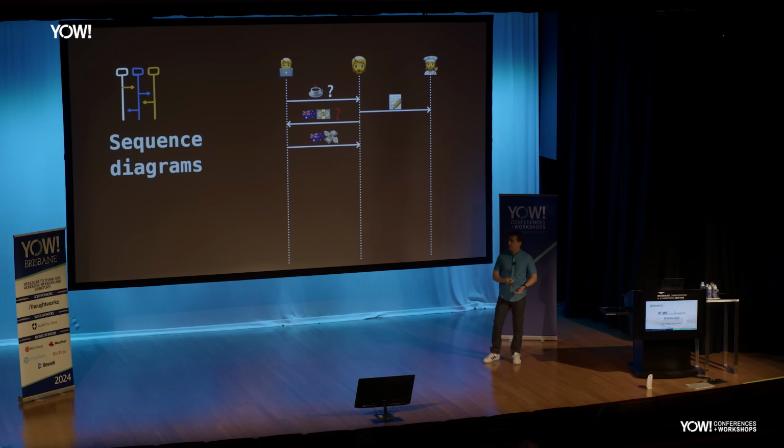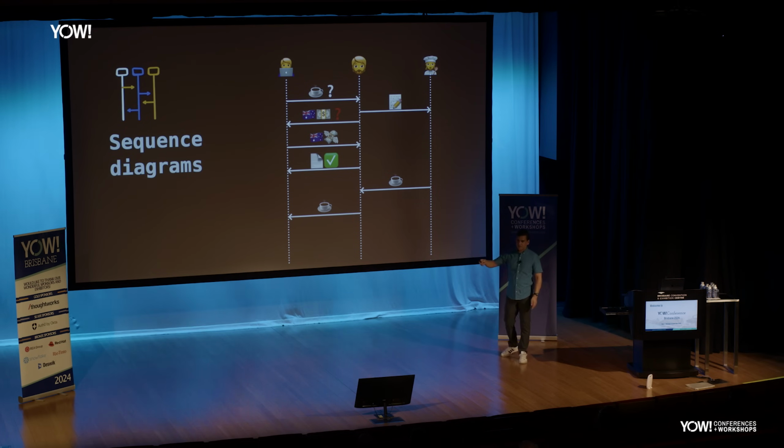And then I would give them money, and they would give me a receipt. And after some time, the barista would give the cashier coffee in this scenario, and the cashier would deliver it to me. And this represents a complete flow of the interaction between these three actors for the goal of me getting caffeinated and defeating jet lag, which I've almost done. I woke up at 4 a.m. this morning, so I'm getting there.